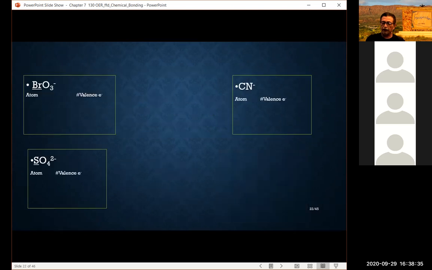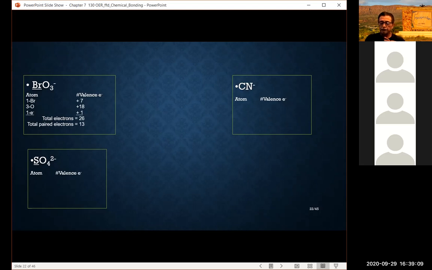Okay, so let's go back. So we add up the valence electrons. Bromine brings in 7 valence electrons, no different from the neutral compound. The oxygens give you a total of 18 valence electrons. Now the fact that it's an anion, we need to add 1 electron because we got a -1 charge. So that gives us a total of 26 valence electrons, or 13 pairs.